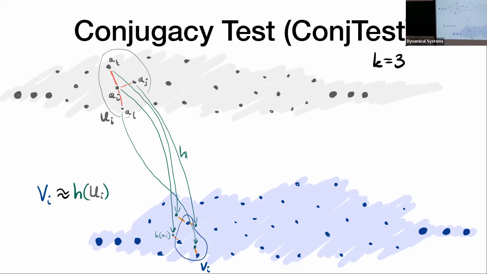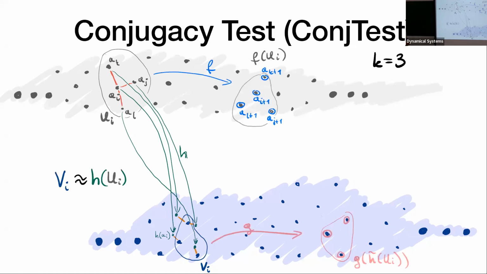We don't take exactly the points that we get by the mapping of the neighborhood, but we take the closest points, because we want to make use of the dynamics encoded in the time series, and we push those two sets of points forward by the dynamics.